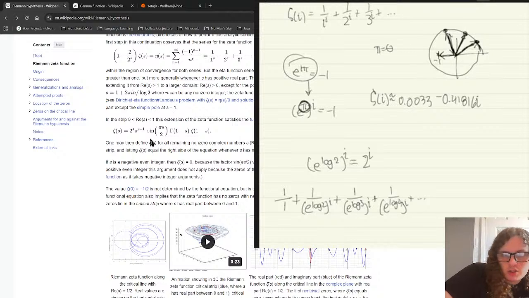So s equals negative 2, s equals negative 4, s equals negative 6, the zeta function will be 0.